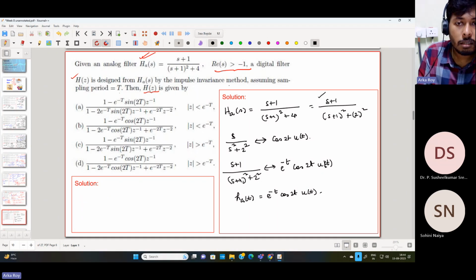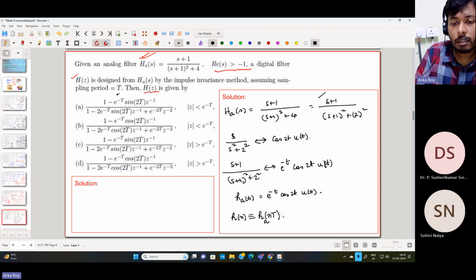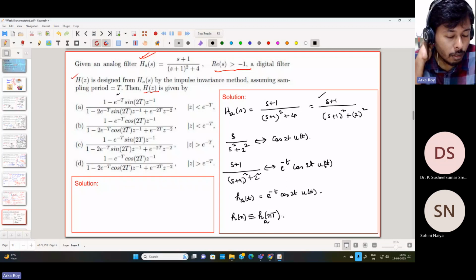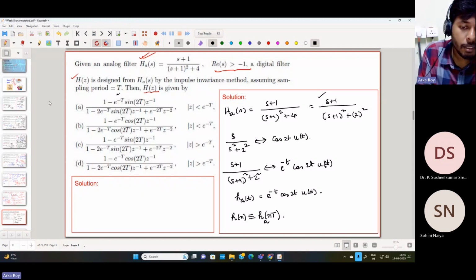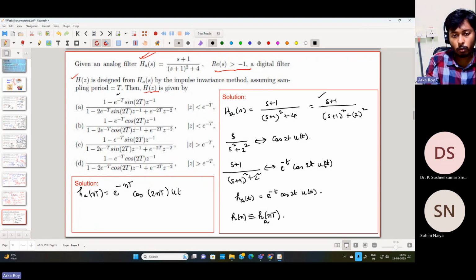Now we have been told that the sampling period is T. So I can write that h(n) is basically h_a(nT), because I'm sampling the analog signal with a sampling period of T. So I can first write h_a(nT) equals e to the power minus nT, in place of small t I'm just putting n multiplied with capital T, then cos 2nT and then u(nT).